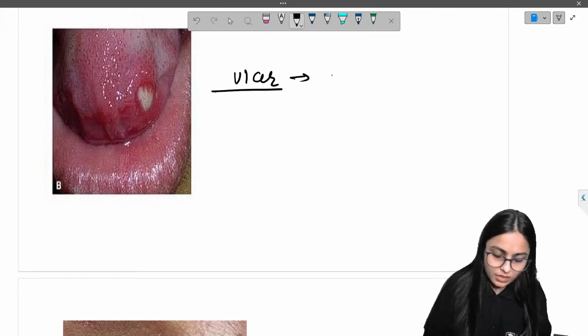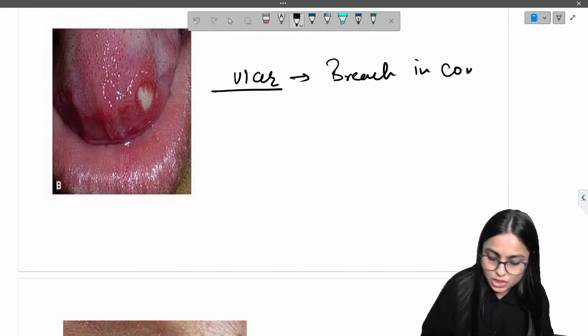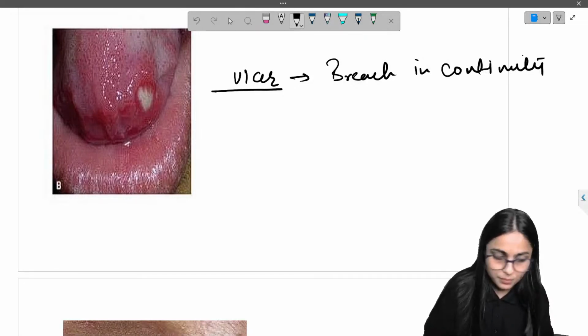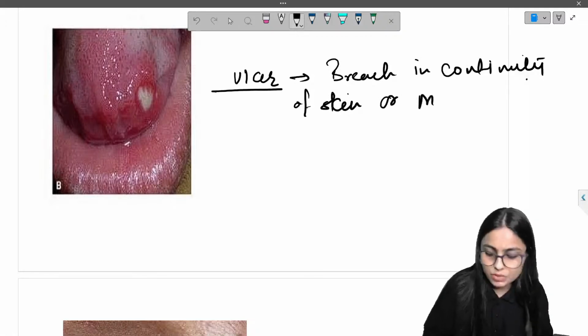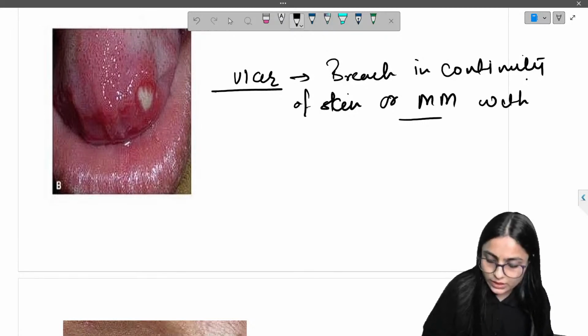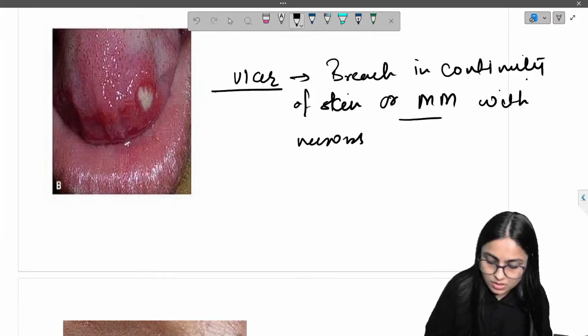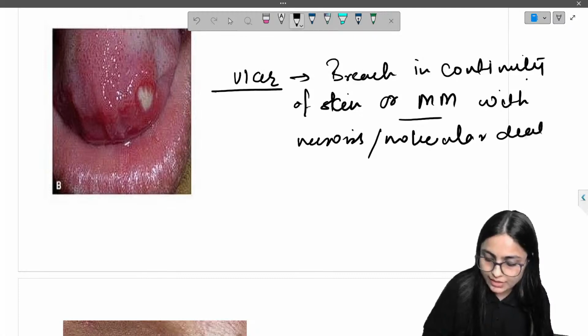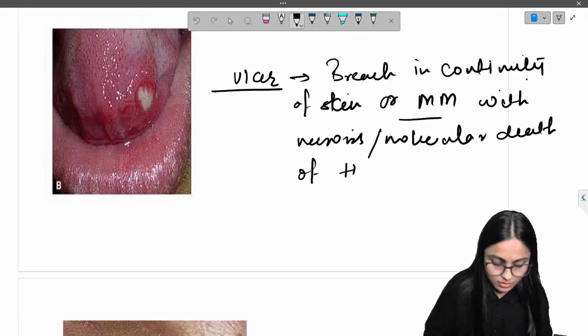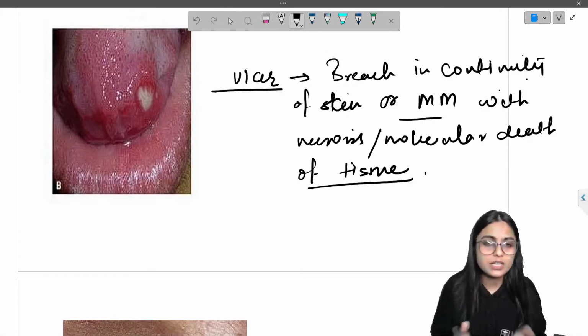So ulcer is nothing but a breach in continuity of skin or any mucous membrane, with necrosis or molecular death of tissue. So ulcer is just a breach in continuity.